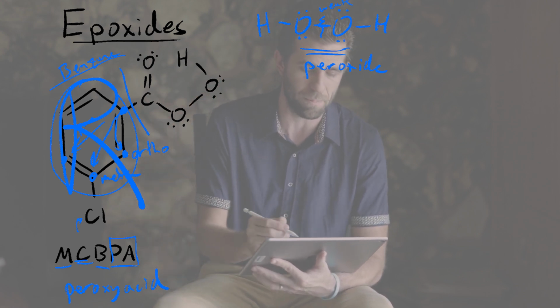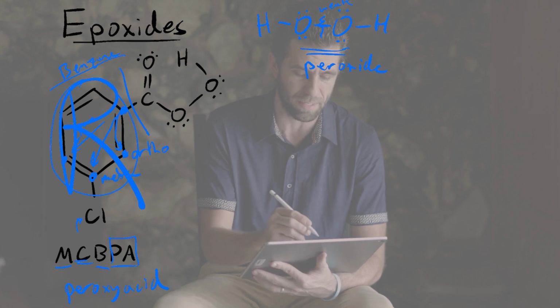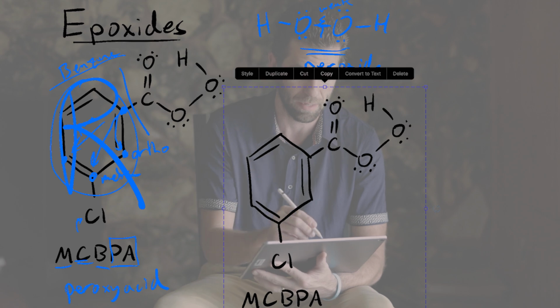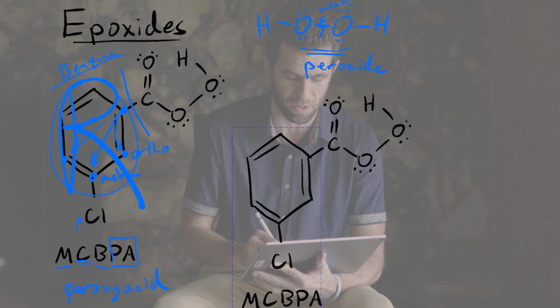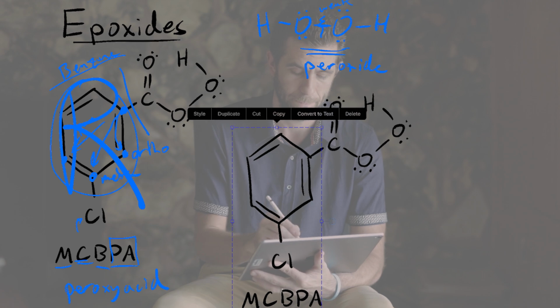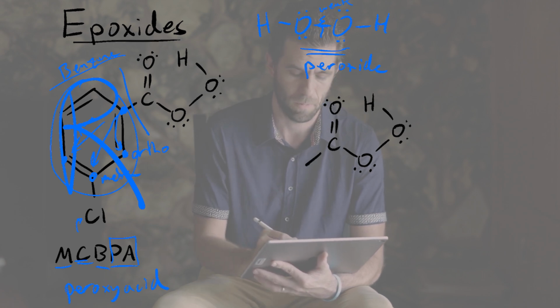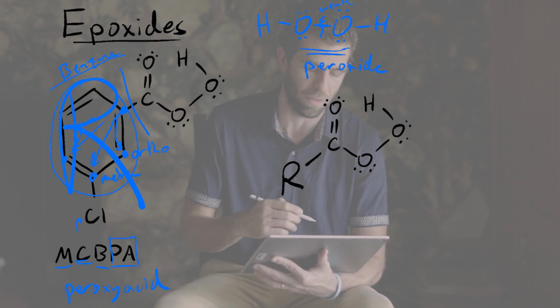The way that this can be redrawn oftentimes is we can basically just take this whole thing and get rid of everything over here and just say R, because R refers to all that other stuff.